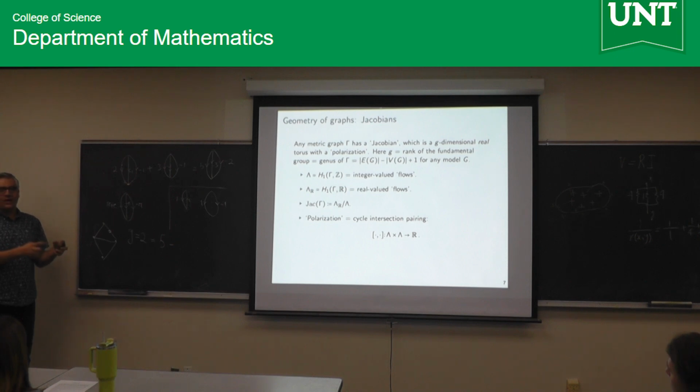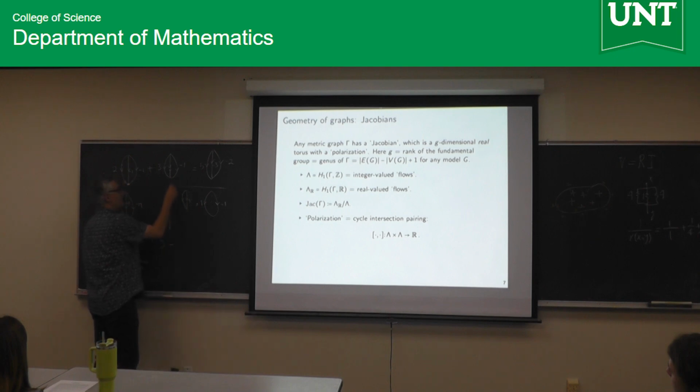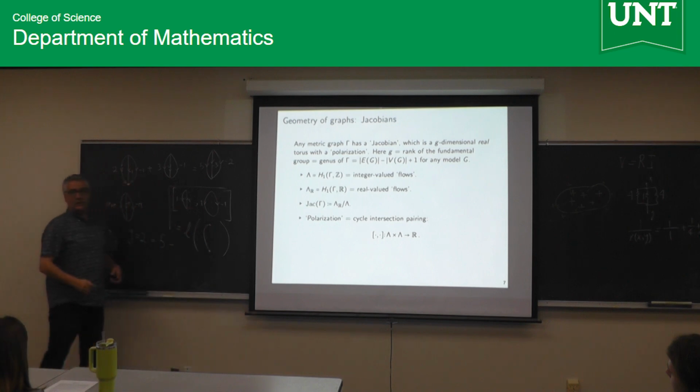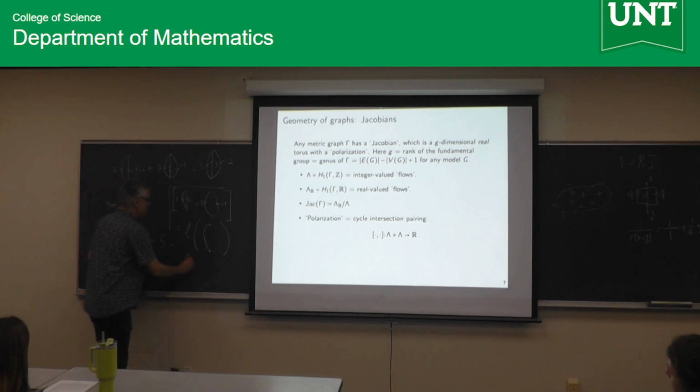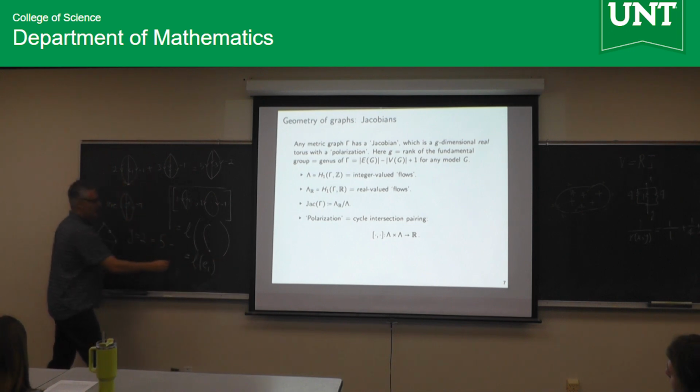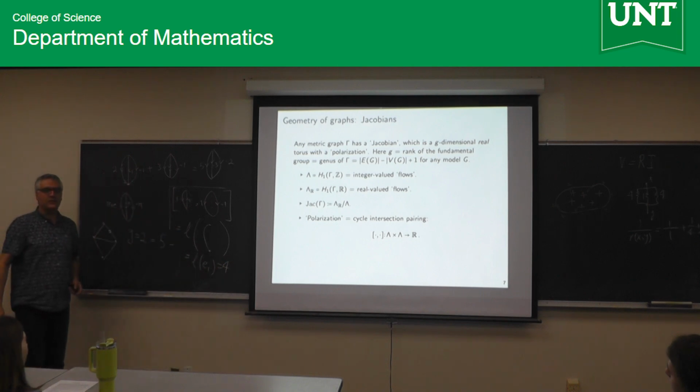So you look at the two cycles, you see where they intersect. In this case, if you want to compute the pairing between them, the intersection is going to be the length of this edge. The left edge is common between them. So it's going to be length of, let's call it E1, which was 4, I guess, in my first picture.